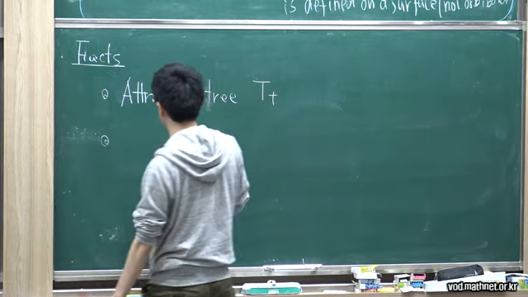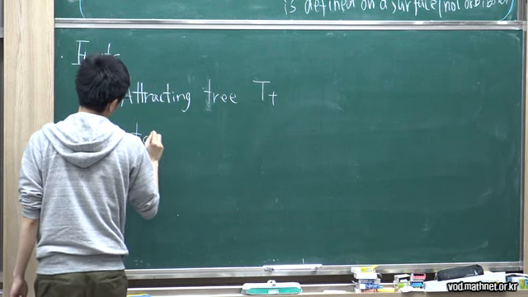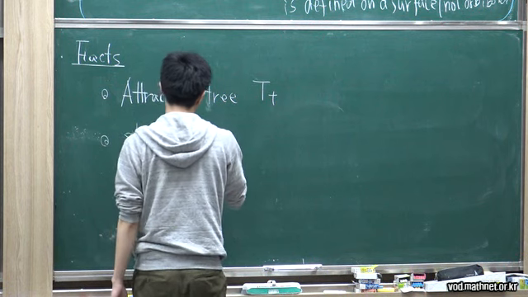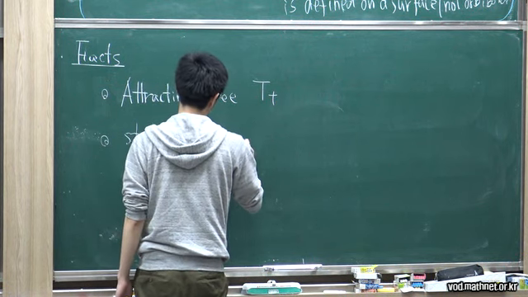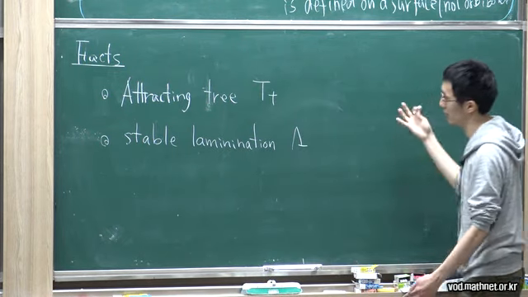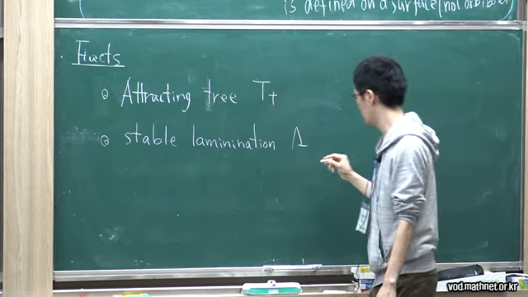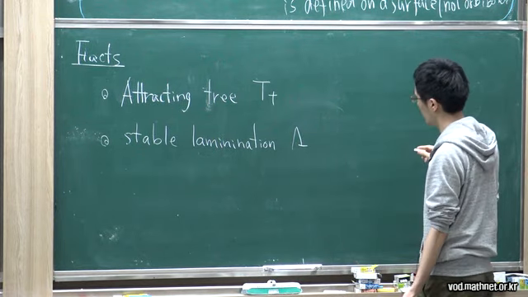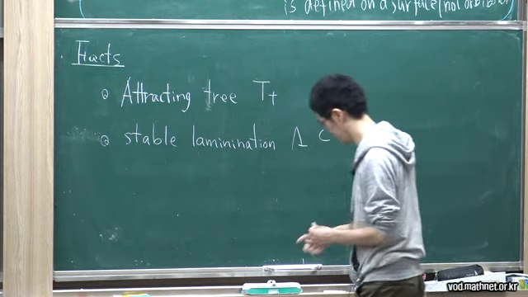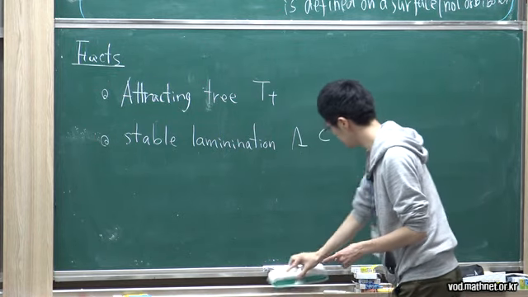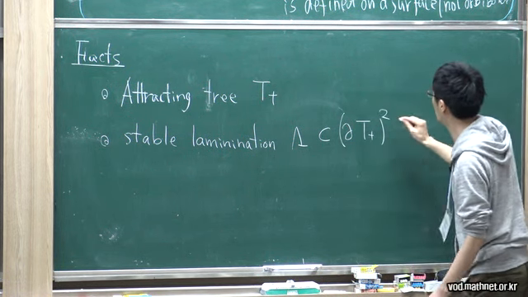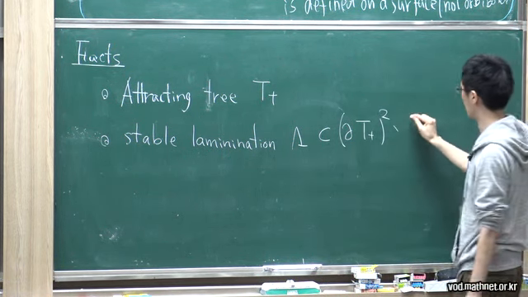And there is also a corresponding object to the lamination, the stable lamination. I'm writing the things preserved under taking commensurability. I think of this as a subset of the boundary cross boundary minus the diagonal.